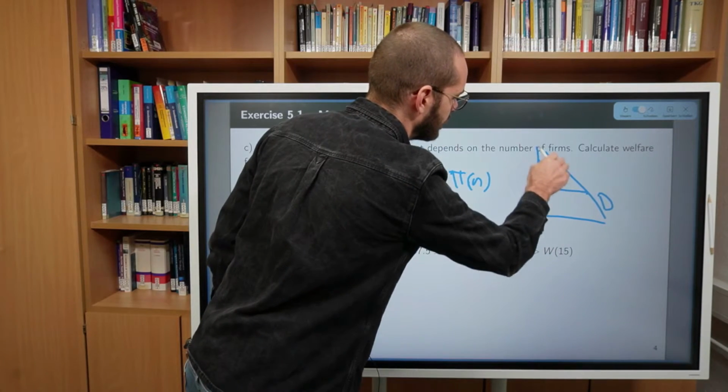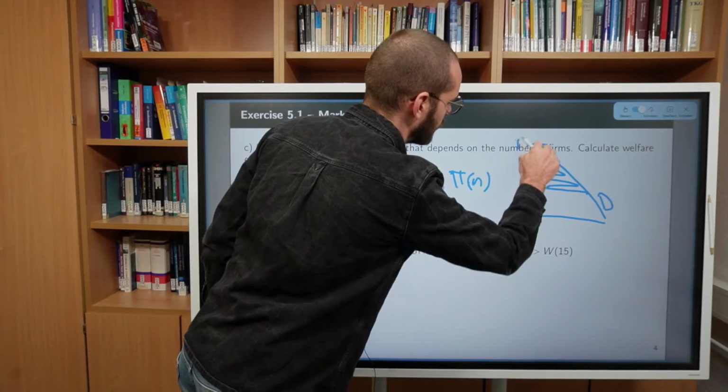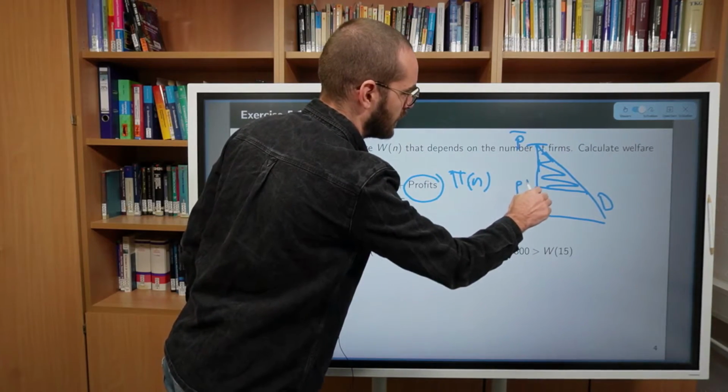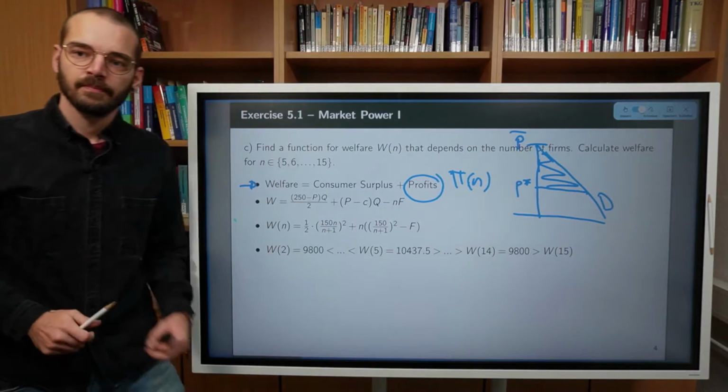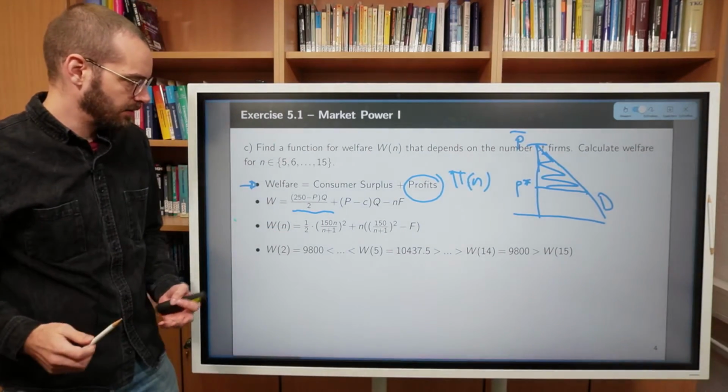All right? And this formula is really representing the area of this triangle.